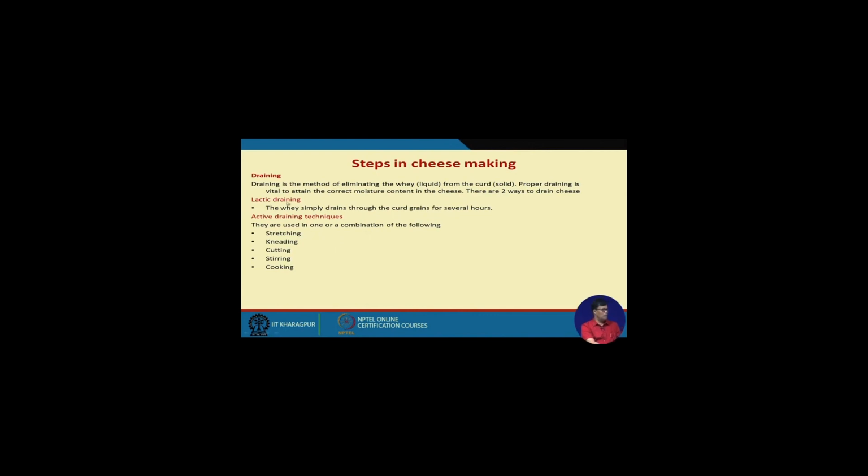Now after that we do the draining process. Draining is the method of eliminating the whey from the curd, and proper draining is vital to get the correct moisture content. A question comes up: how do you preserve the milk protein and fat in the form of cheese? One way is we reduce the moisture content, and another is we increase the lactic acid concentration. These are the two vital factors that increase the storable, or durable, characteristics of the milk protein and fat.